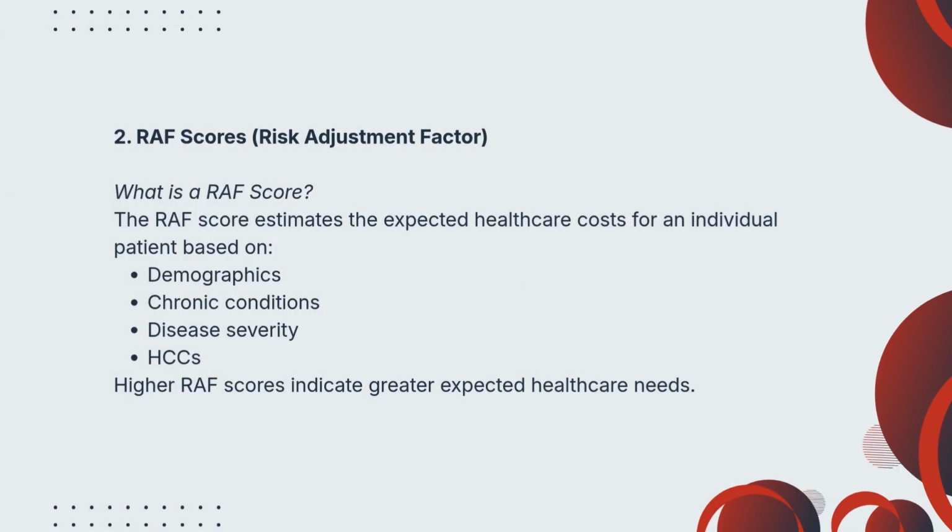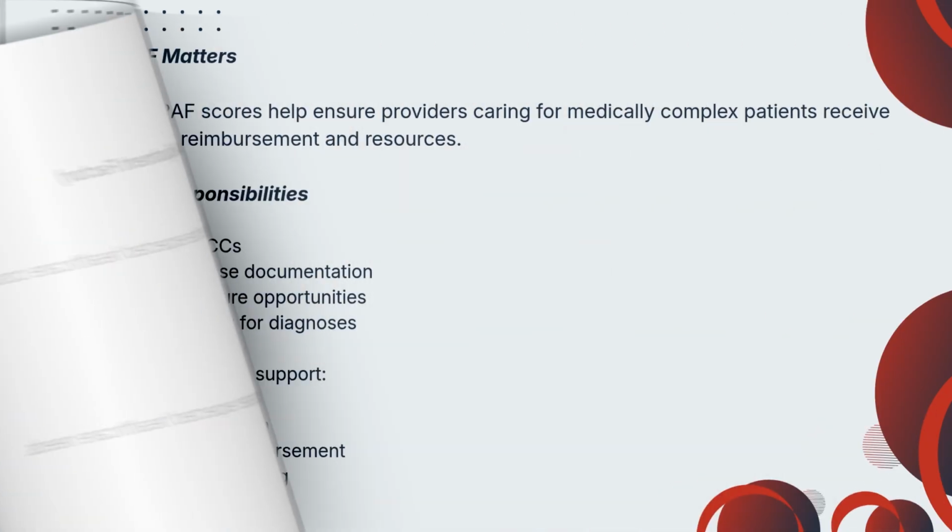2. RAF scores, risk adjustment factor. What is the RAF score? The RAF score estimates the expected healthcare costs for an individual patient based on demographics, chronic conditions, disease severity, HCCs. Higher RAF scores indicate greater expected healthcare needs.